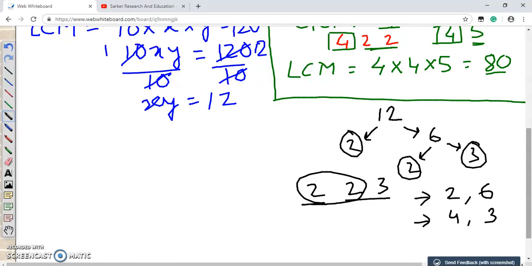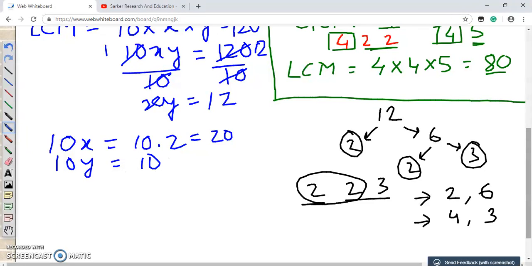Now let me try with the first set first. If 2 and 6, then 10x will be 10 times 2, which is 20, and the other number is 6. So 10 times y will be 10 times 6 or 60. So I got 20 and 60.